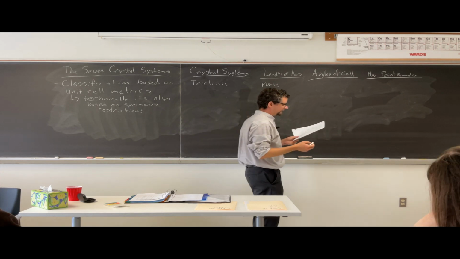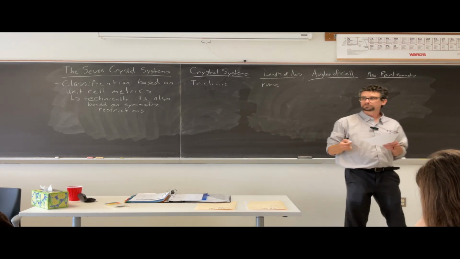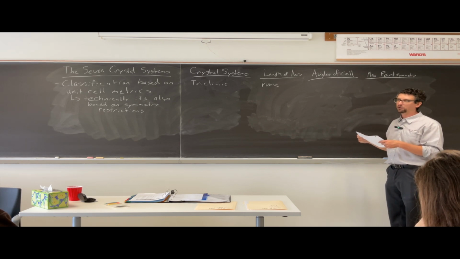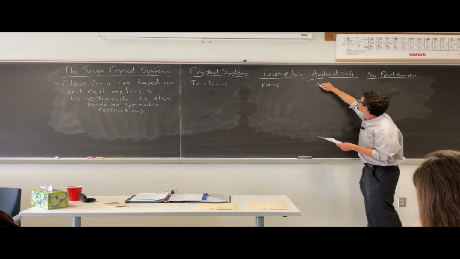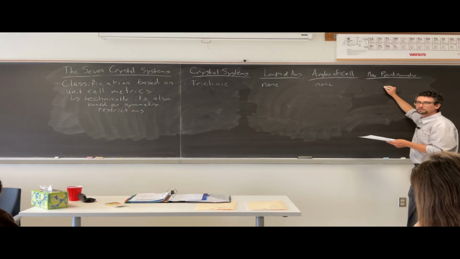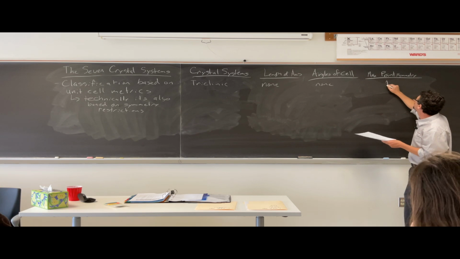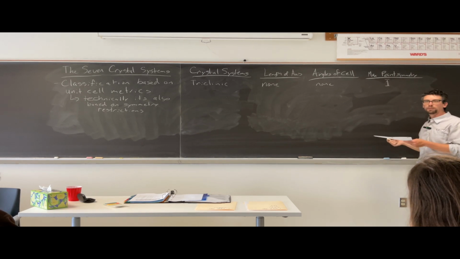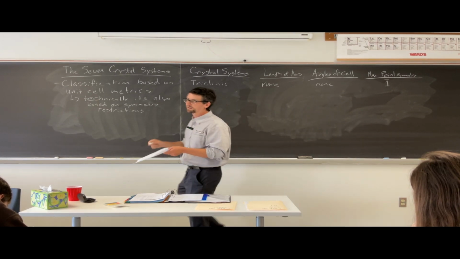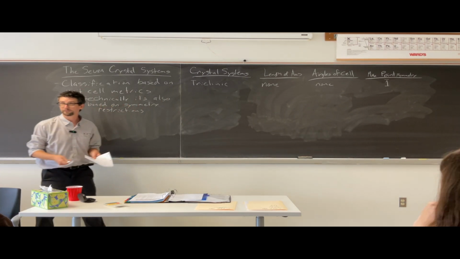What about the angles of the cell? Yep, all different. And then the max symmetry you can have is 1 bar. That's not going to mean anything to you quite yet, but when you look back at your notes in about a week, it will.